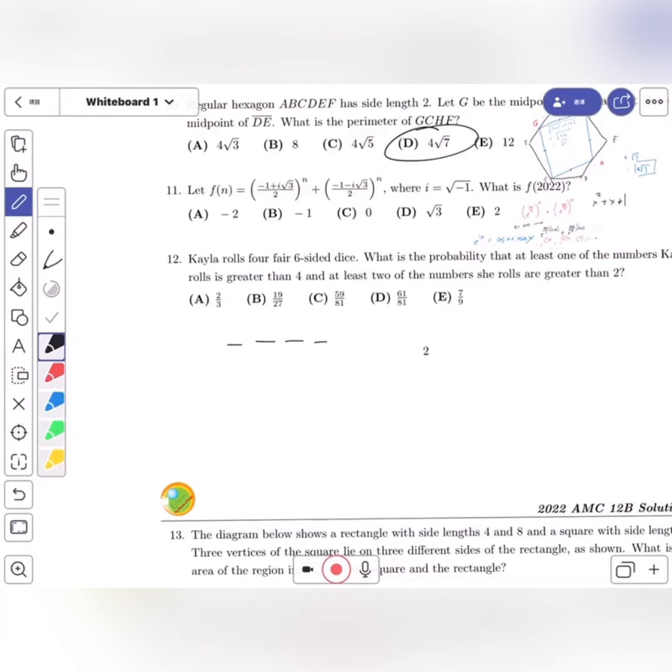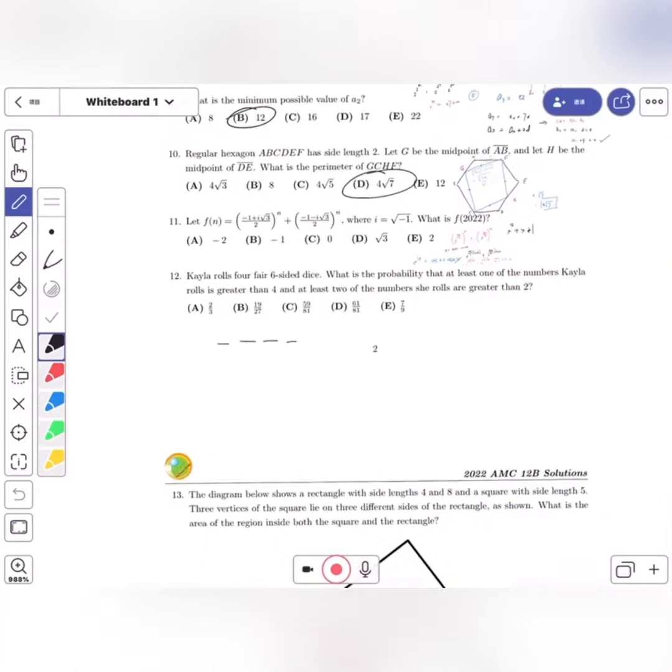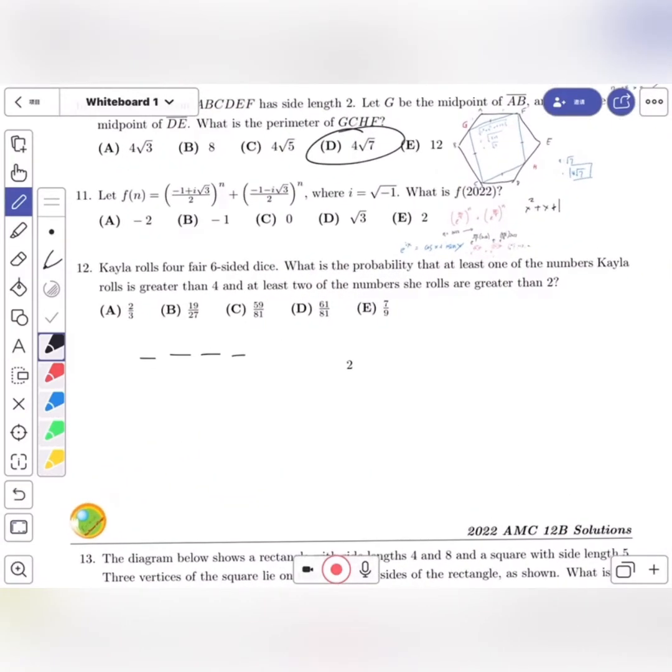Well, this one actually, if we just do casework, then it won't be that bad. So first, what is the probability that at least one of the numbers Kayla rolls is greater than 4?